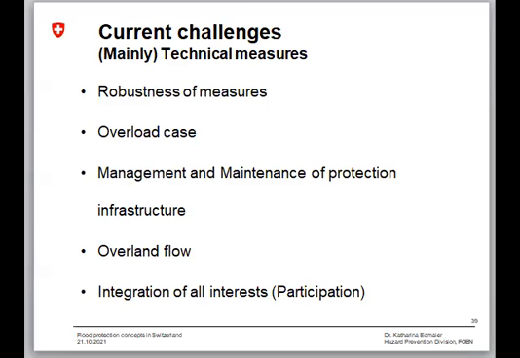Closely connected to this is the overload case. The dimensioning of the protection concept depends on the protection targets. However, it is our goal to always think about what happens when even more intense events occur. So how does our protection system react to this?